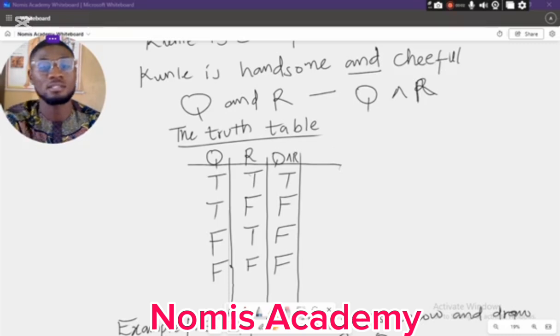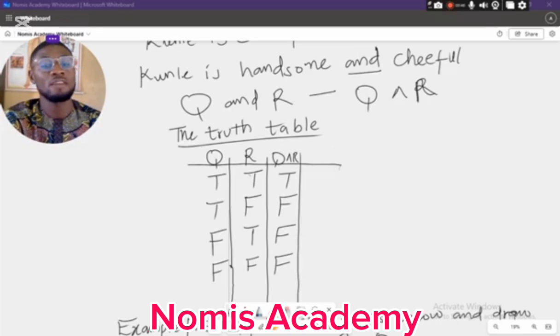T stands for true. When Q, the first statement, is true and the second statement is true, connecting them with "and" is true. If the first statement is true and the second statement is false, connecting the two together will give us a false statement.